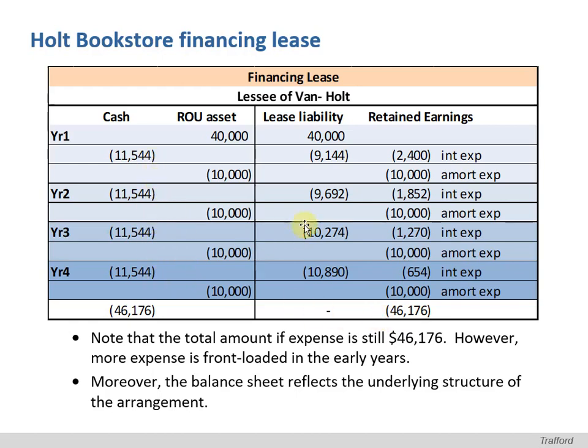$11,544 each year. Instead, we take higher deductions in the early years of the leased asset's life and lower deductions in the later years. So we've front-loaded expense in the early years when we have a finance lease, really because we want it to represent what would have been recorded as expenses if this had been a purchase, because we feel like the underlying substance of this transaction was indeed a purchase.